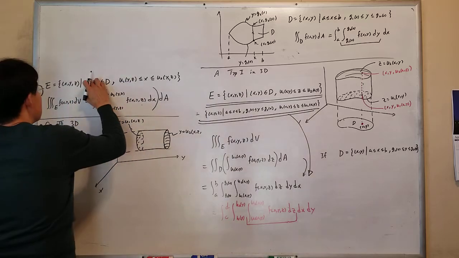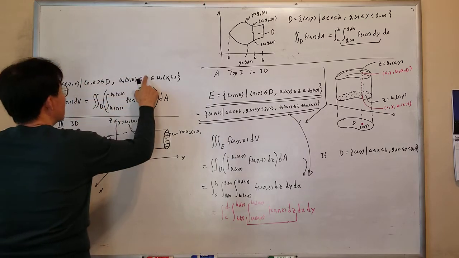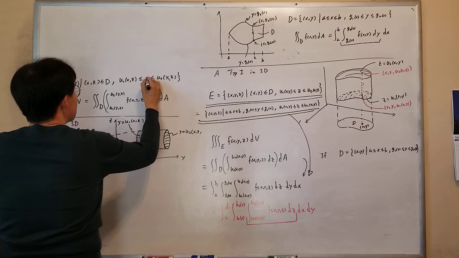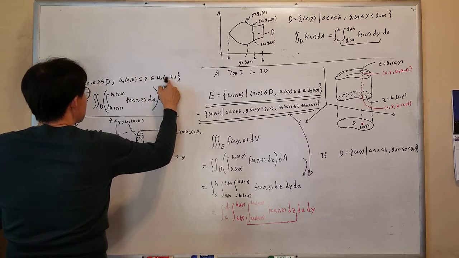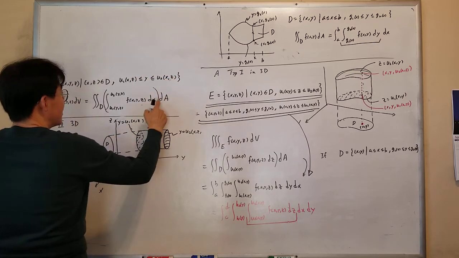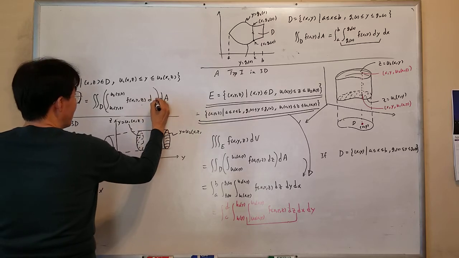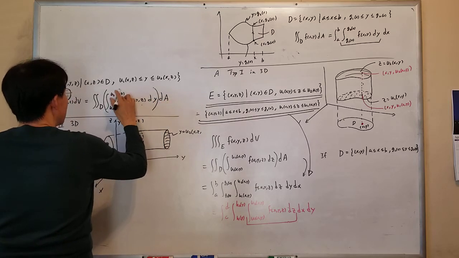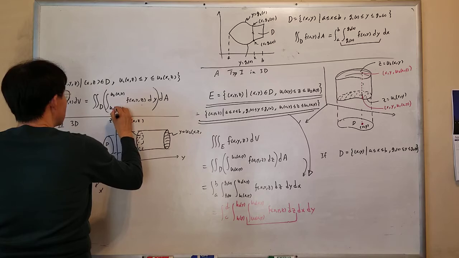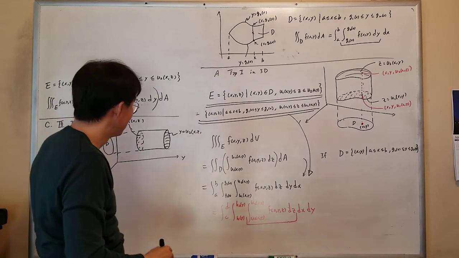So then, for given xz, y runs from u1 of xz to u2 of xz. That would be this.